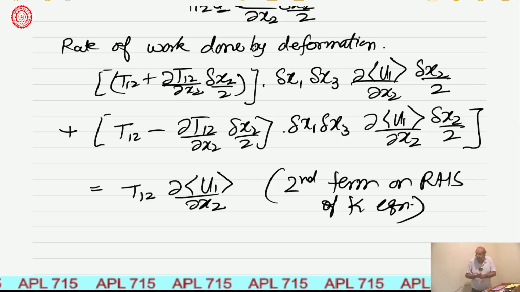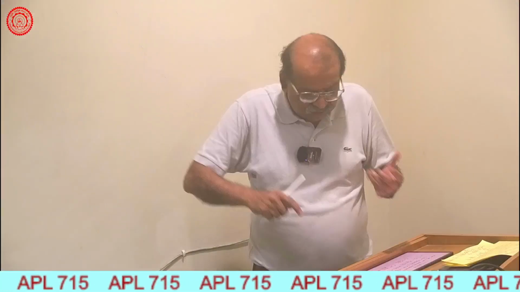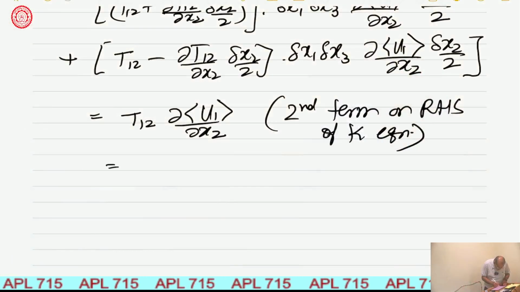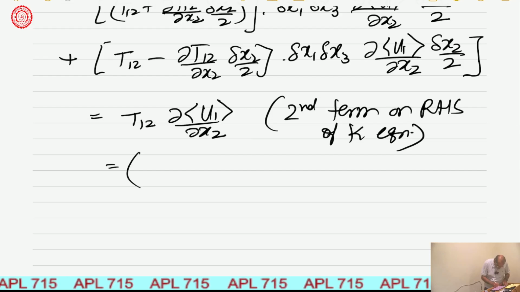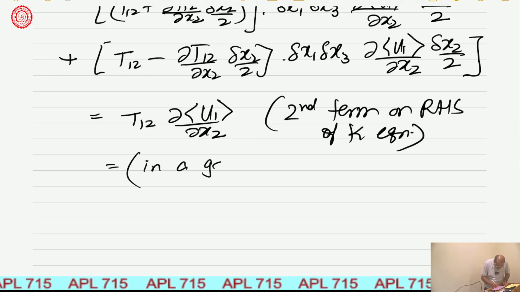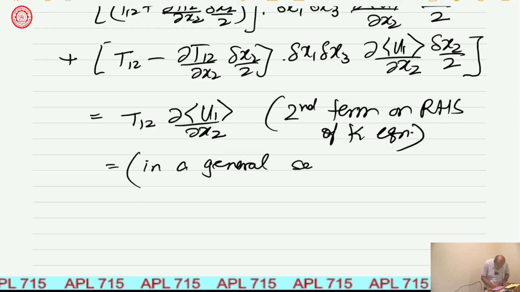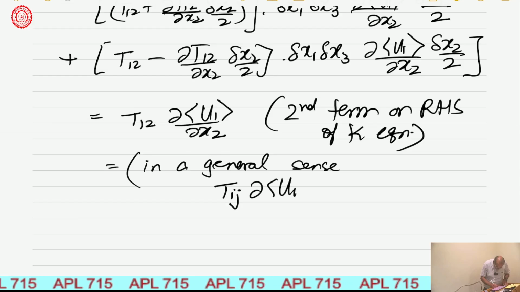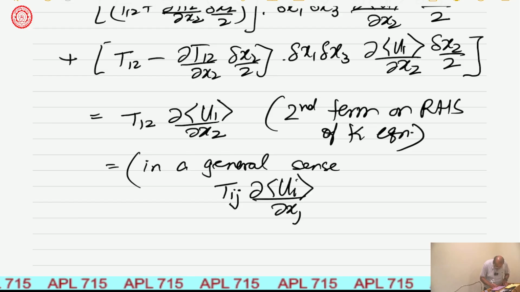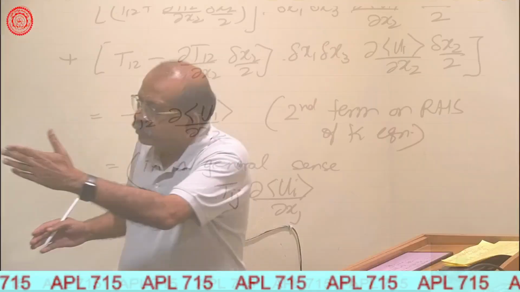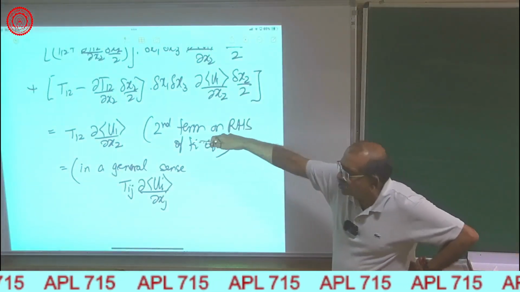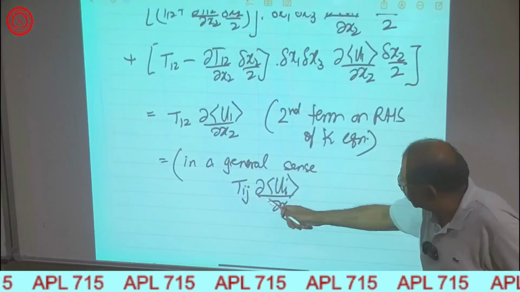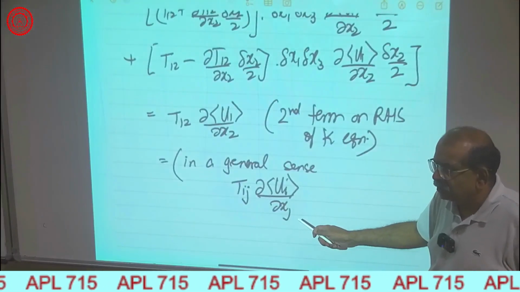The extra part of the velocity which is there, that is doing this work, and in a general sense, we have shown this. This is written as Tij, and this I am not expanding it, but this is only for the simple case, but in general, this will be written as Tij dui by dxj.